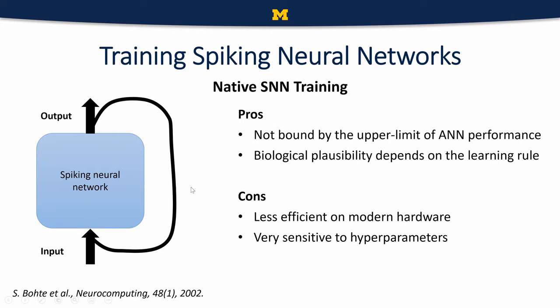Because SNNs are time varying, they're often not as efficient as conventional artificial neural nets, at least during the training process, if you're using something like backprop. And in my experience, they've been very, very sensitive to your hyperparameters. You change one thing, then everything else kind of goes out of whack. So these are problems that we're trying to overcome at the moment.